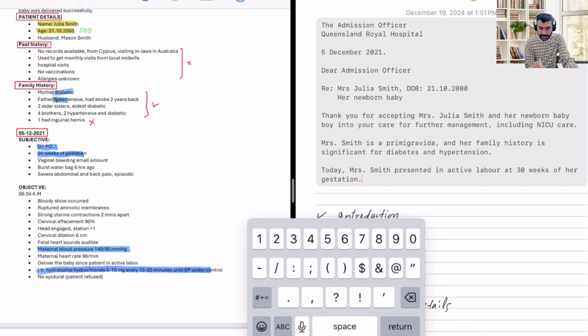Then IV hydralazine was given for that. We'll mention that. Okay. So we'll write: progression of labor remained uneventful except for an elevated BP of 140 over 90, for which IV hydralazine hydrochloride 5 to 10 mg every 15 to 20 minutes was given.